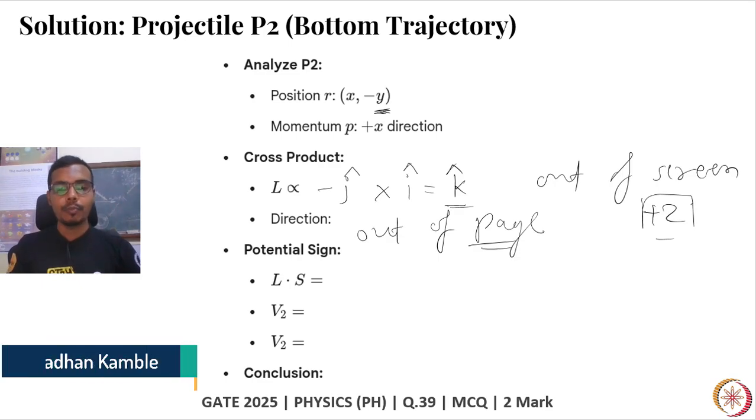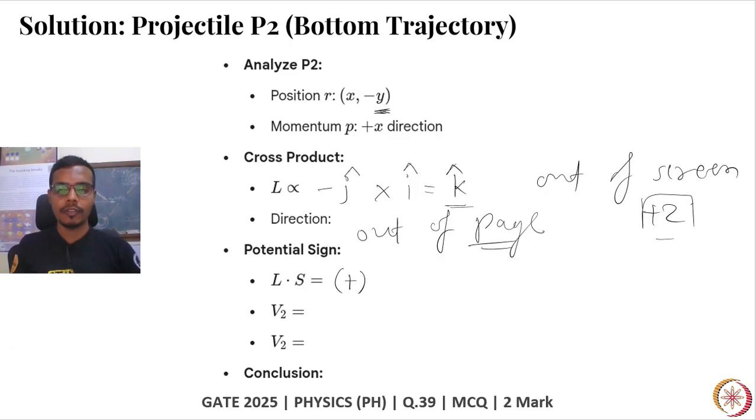Now for the potential. Vector L dot S is positive, as L is up, plus z, and S is also up, plus z. They are parallel, so the dot product is positive.